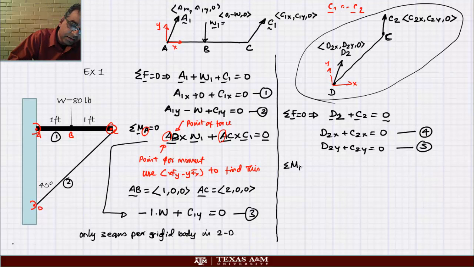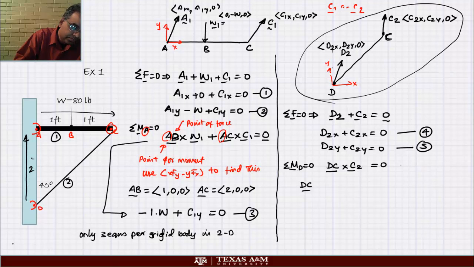Summation of all the moments around D equal to 0 gives me DC cross C2 equal to 0. So what is DC? It is 2 units up, 2 units to the side. Can you see that? So it's pretty easy.